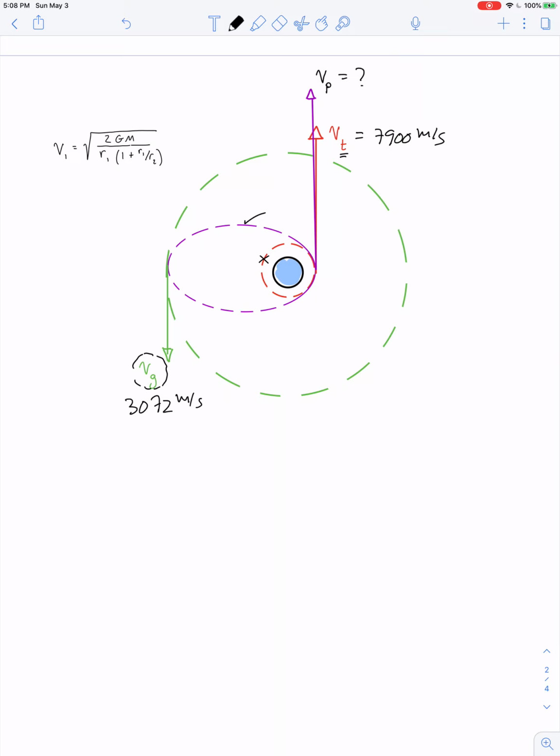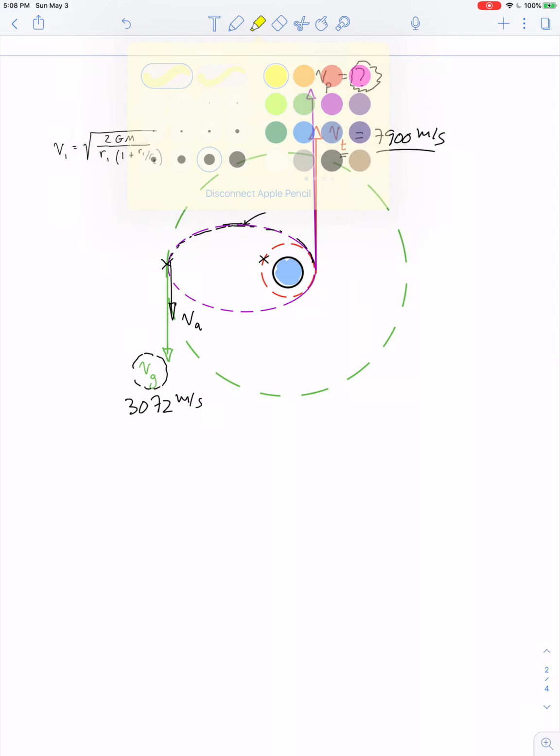If everything is left alone, if you increase the speed from 7,900 meters per second to whatever this value happens to be, then as kinetic energy decreases and gravitational potential energy increases, it reaches this point at apogee, and the velocity vector has to be some smaller value, v subscript a. So these are the values we want to try to determine using this formula.